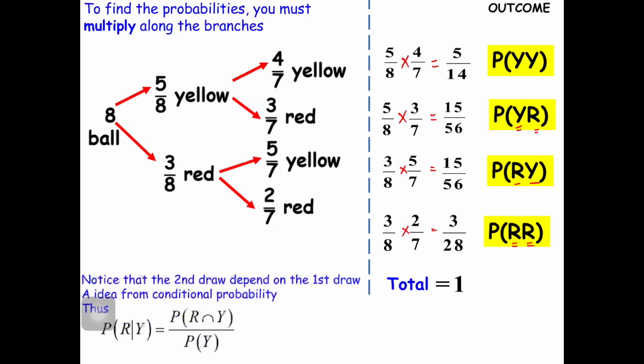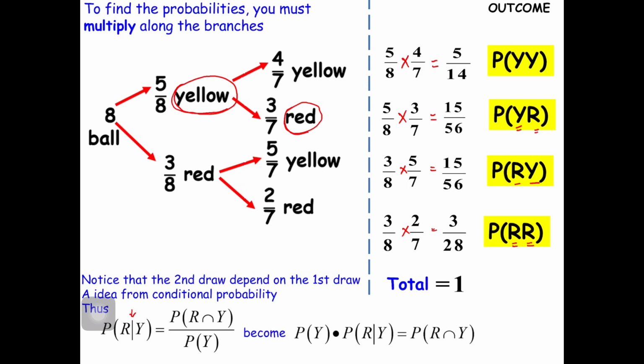So probability of getting red, given, this is the symbol for given, yellow, it means that you know that the first draw is yellow, so it can be defined as probability R intersect Y over probability Y as your conditional probability formula.